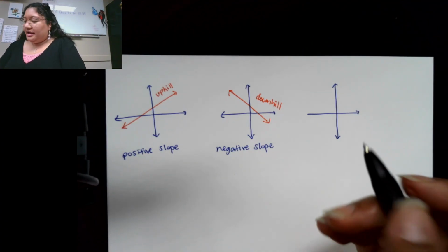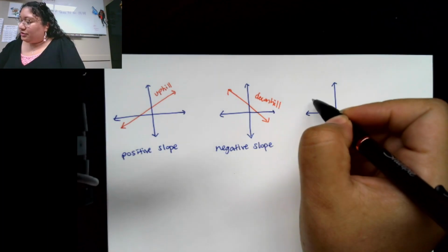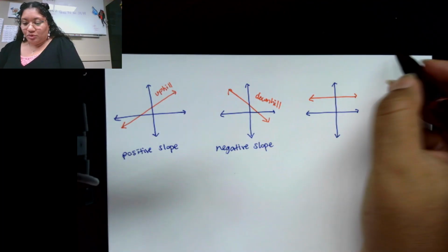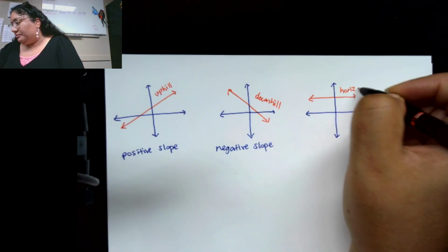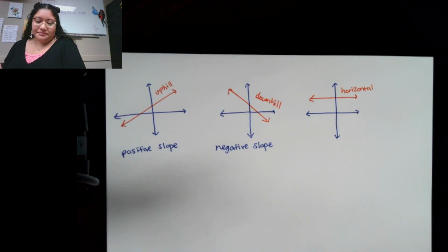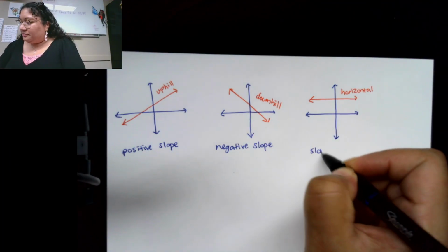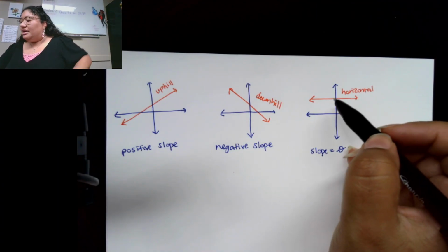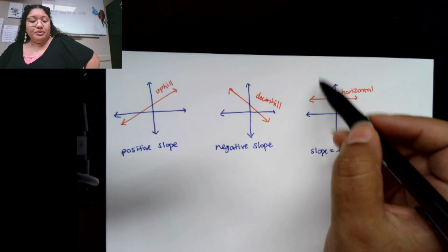If instead I have a horizontal line, what do you all think the slope will be? And don't look at your book. Try to think about it. The slope is 0. It makes sense because I do not rise at all, whether up or down.